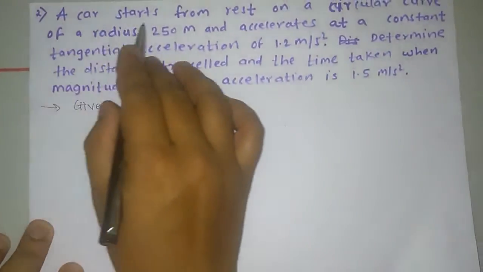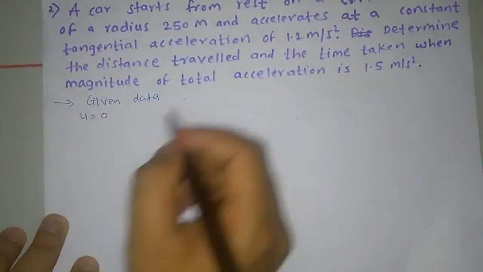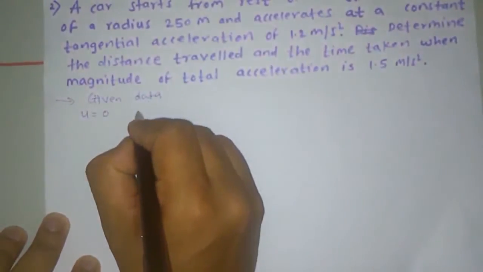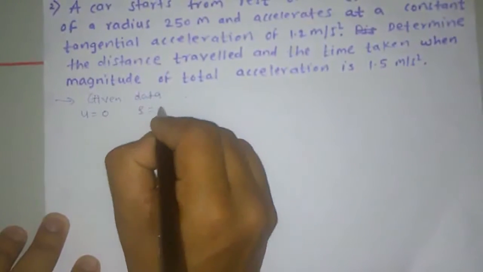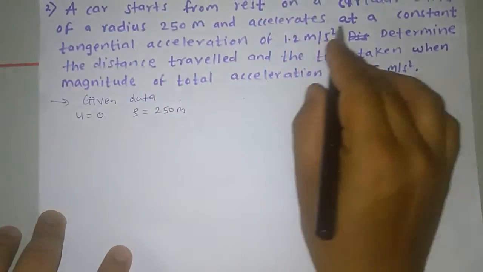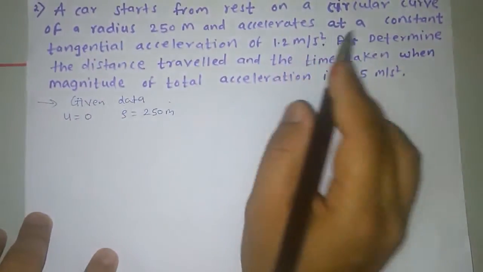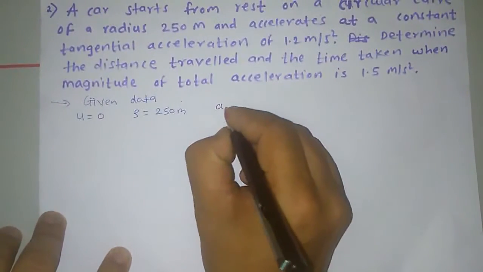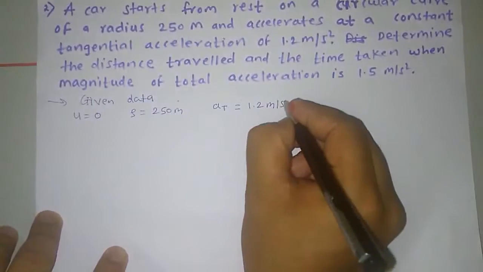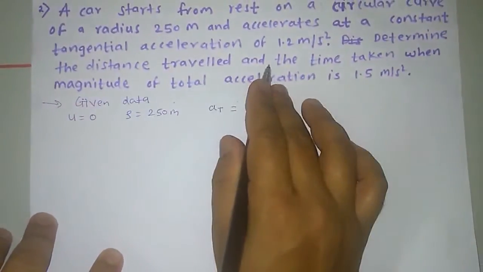So what is given? A car starts from rest. So initial velocity is 0 on a circular curve of a radius 250 meter. So radius of curvature is 250 meter, and accelerates at a constant tangential acceleration of 1.2 meter per second square.